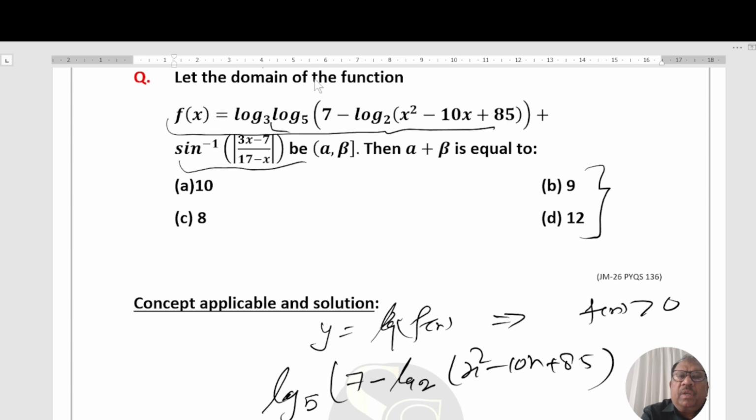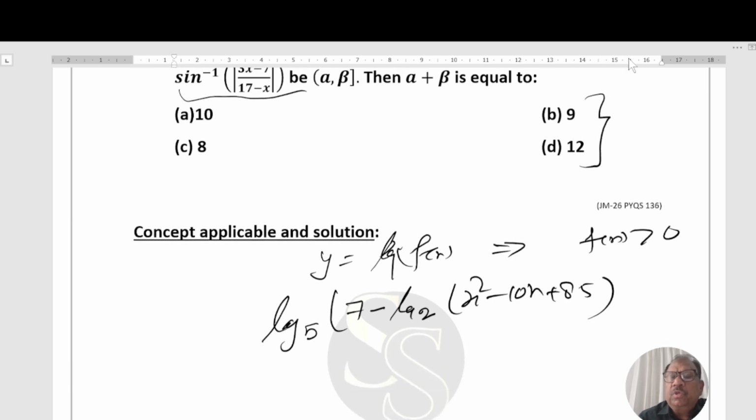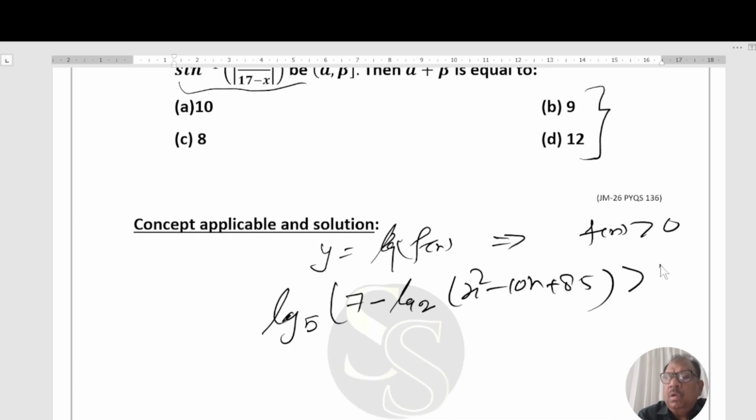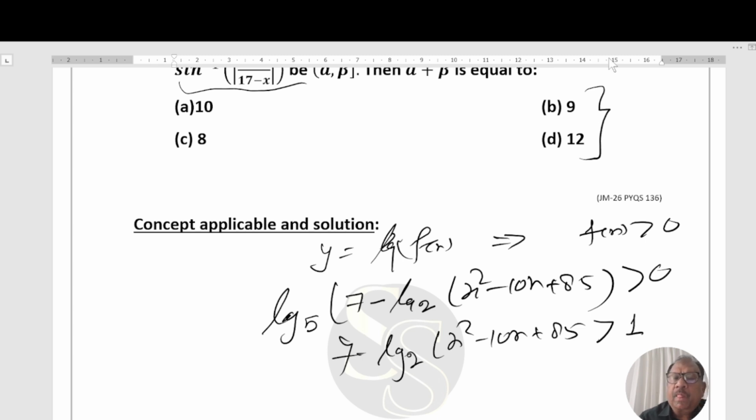This is f(x) for this. This should be greater than 0. Means 7 minus log of 2, x square minus 10x plus 85 greater than 5 to the power 0, that is 1.